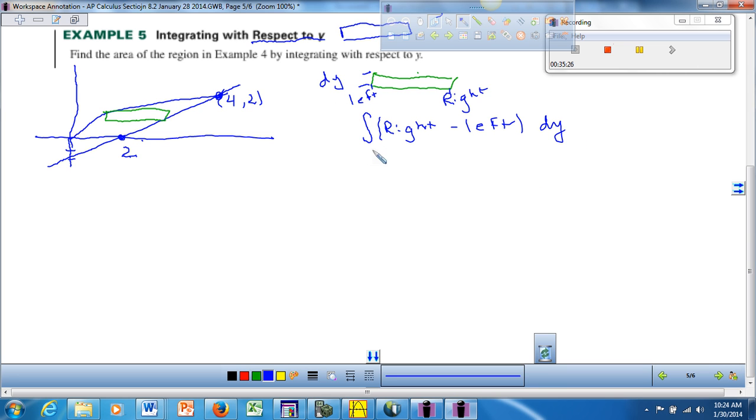Which means that all of my variables need to be in y. It also means that my upper and lower limits on my integral would need to go from a y value to another y value, whereas when we did it with vertical rectangles, we went from an x value to another x value.